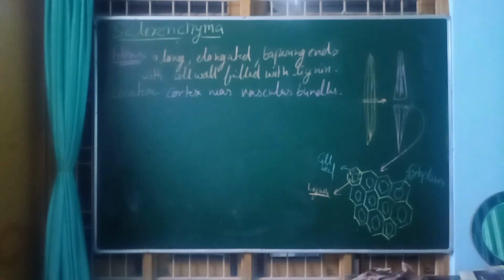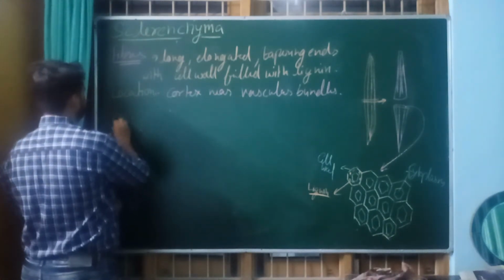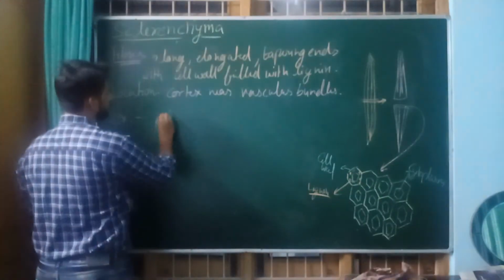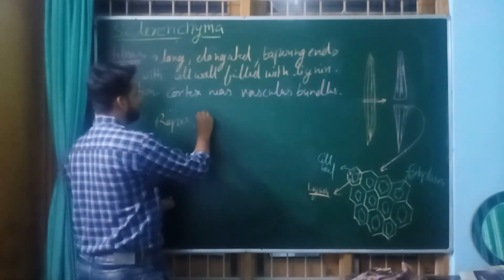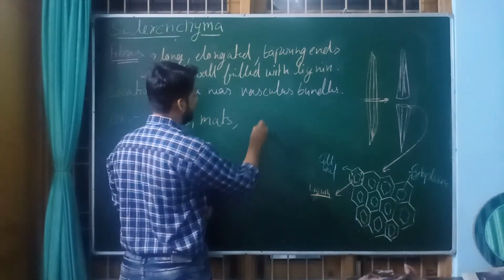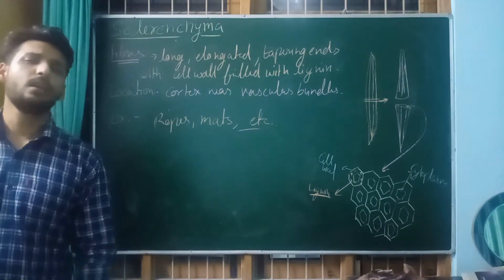And if these are present on the surface of seed or fruit, they help in dispersal. Next, sclereids. Before that, examples: you might have seen ropes, mats, etc. All these are made up of this sclerenchyma tissue because it is the fiber.